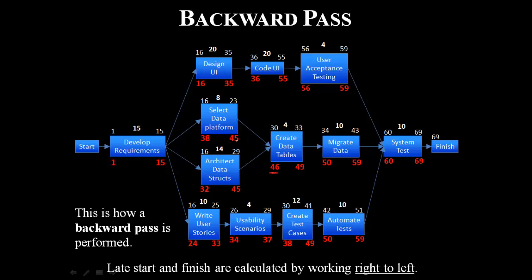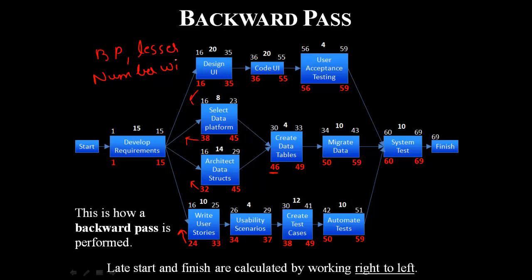So 45 came and 45 came in this case. Similarly, if we talk about here, from here 38 was going, and from here 32 was going, from here 16 was going, and from here 24 was going. So in this case, if you remember, for backward pass, the lesser number will go.